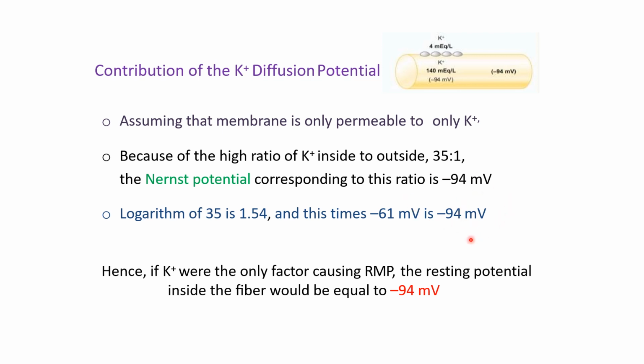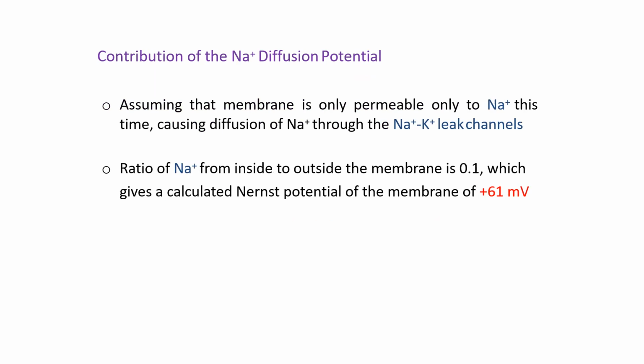That's how the potassium Nernst potential is calculated. Hence, if potassium were the only factor causing the resting membrane potential, the potential inside the fiber would be minus 94. But this is not actually happening. The membrane potential is contributed by all the ions. This is only a theoretical point of view.